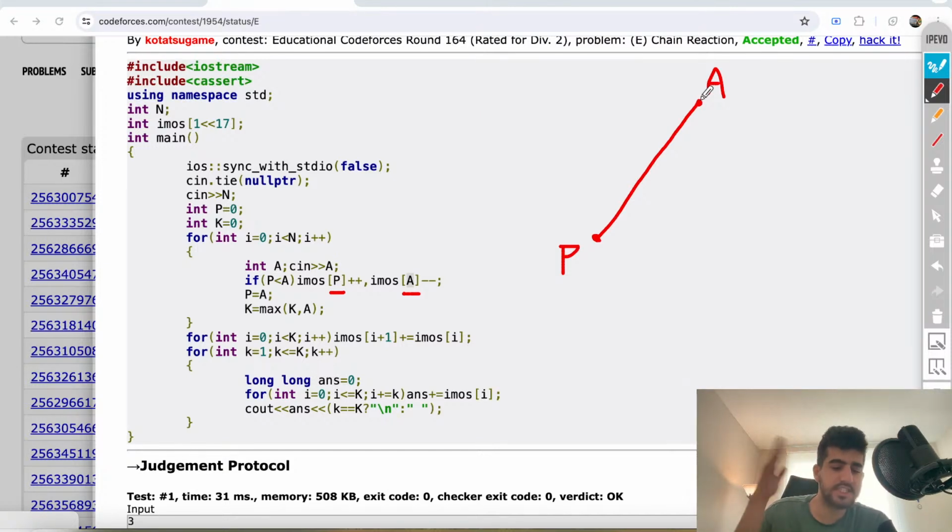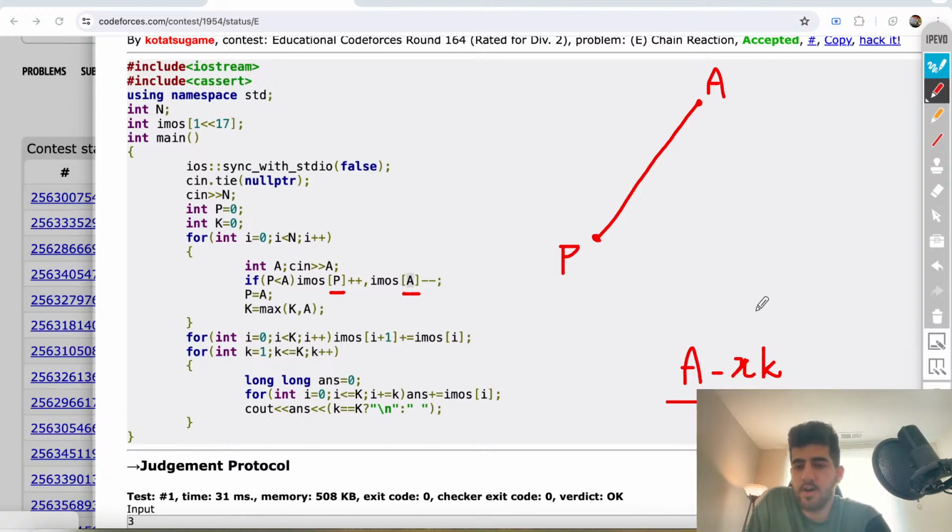They are always some sort of a minus x times k. You know what I'm talking about? They are a minus x times k, for example.